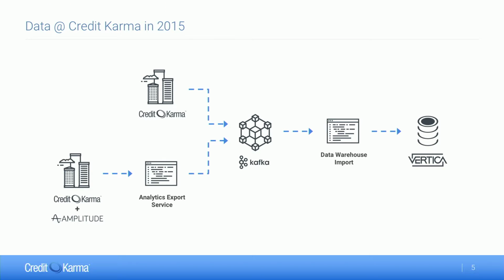So we had some success using Scala and Akka, importing data into Vertica, and so we built another service, Scala and Akka, to connect to Amplitude's REST API, import the data from there, and stick that as well into Kafka. In our experience, we built some actor systems here, but ultimately we moved to Akka Streams.